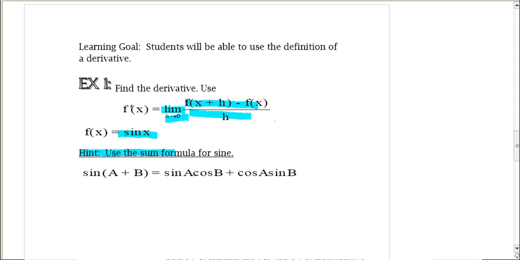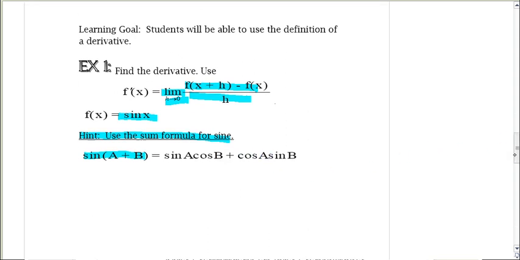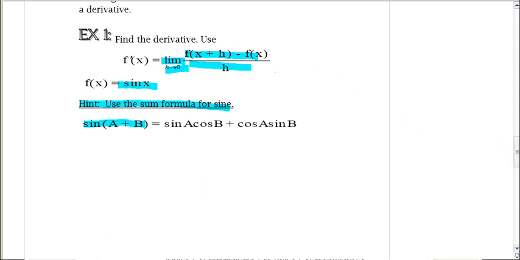We're going to have to dive back into our tool bag of pre-calc and use the sum property that says sine of a plus b is equal to sine a times cosine b plus cosine a times sine b. We're also going to have to use another theorem that I showed you in earlier videos: the limit as x approaches 0 of sine x over x, and if you recall, that's equal to 1.